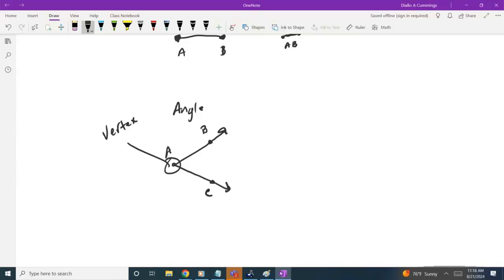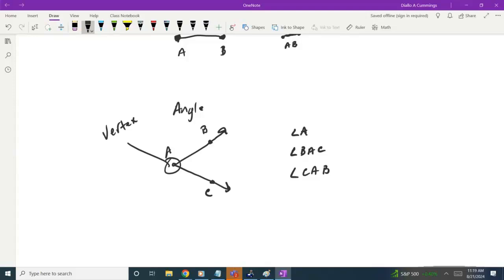So when you actually write out or describe this angle, you can write it out in a couple of ways. I can call this angle A. This funny looking L that you see is the mathematical symbol for angle. I can call this angle BAC. I can also call it angle CAB.